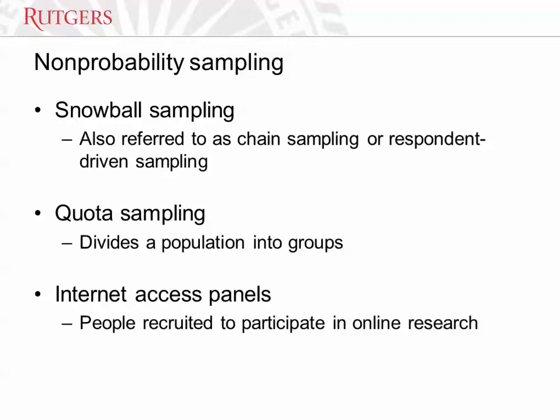Let's say you want an even number of males and females, or older and younger people. You may divide your population into groups and then sample to fill those quotas. And then in online research, there's a kind of voluntary sampling that's used increasingly, where people are recruited broadly to be in internet access panels. It's a population of people that are pre-recruited to participate in various kinds of online research.